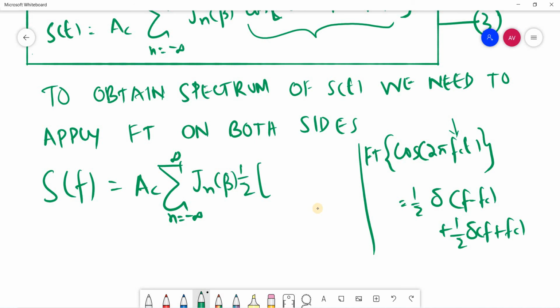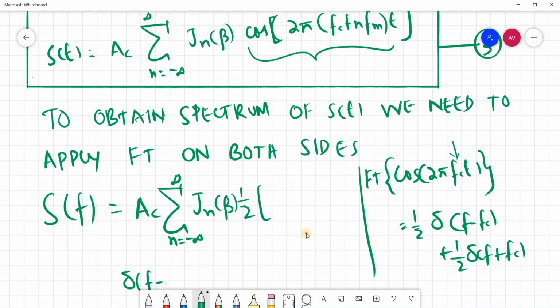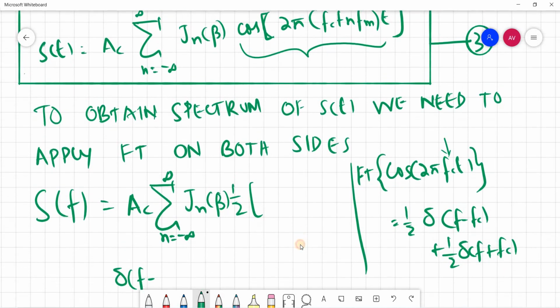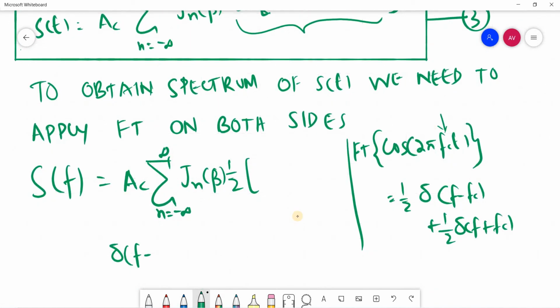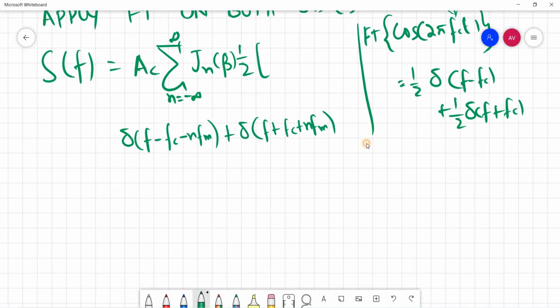So it is del of f minus, instead of fc, we have fc plus n fm, so instead of minus fc I should write minus fc minus n fm, then plus del of f plus fc plus n fm. So it became messy. I'll rewrite it here.